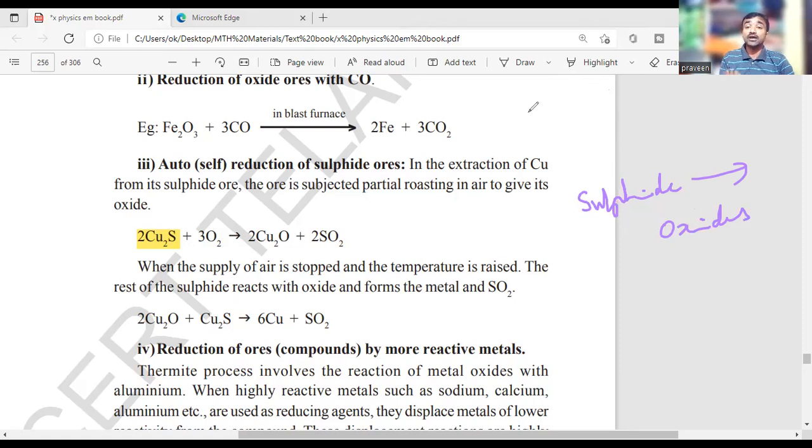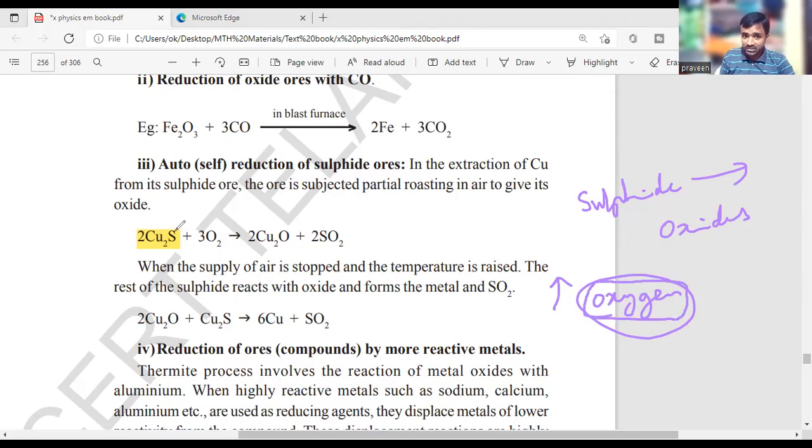Actually, supplying oxygen and getting heated. So in this, you are increasing the temperature but supplying oxygen only up to a certain temperature, a certain limited amount of oxygen will be supplied, then we'll stop supplying oxygen.